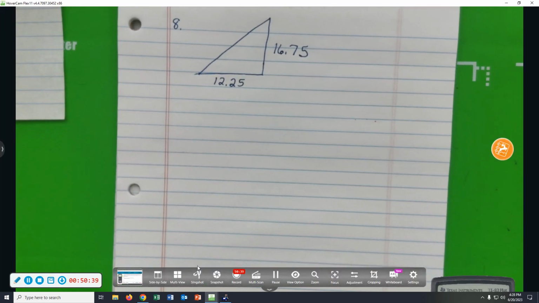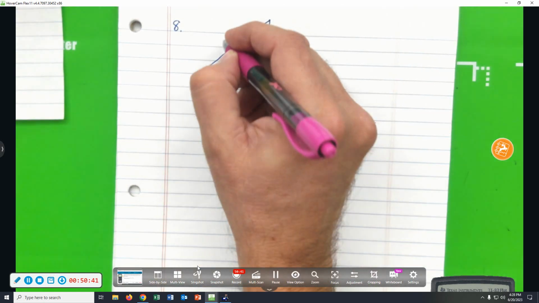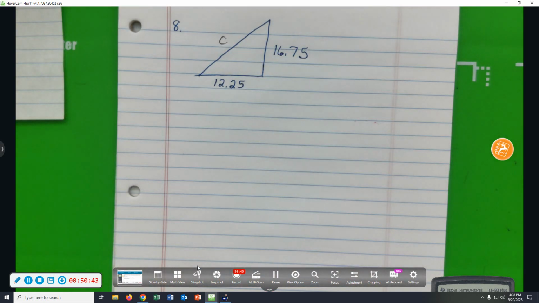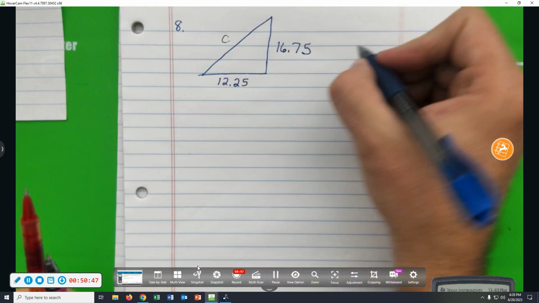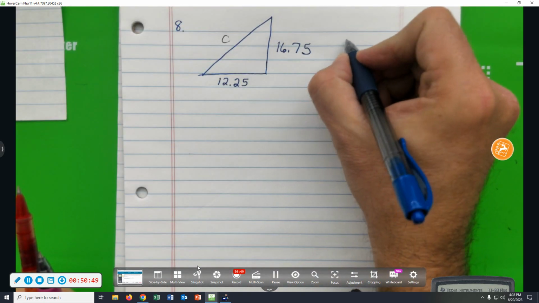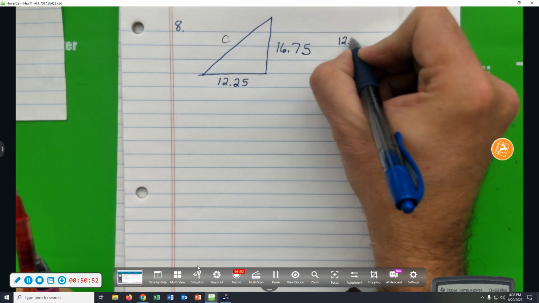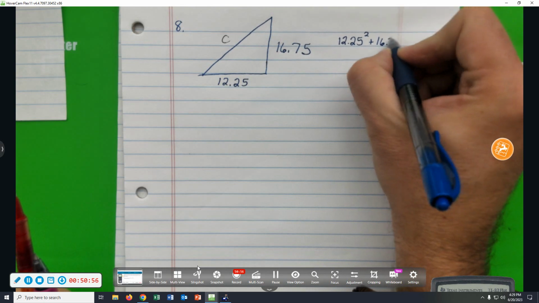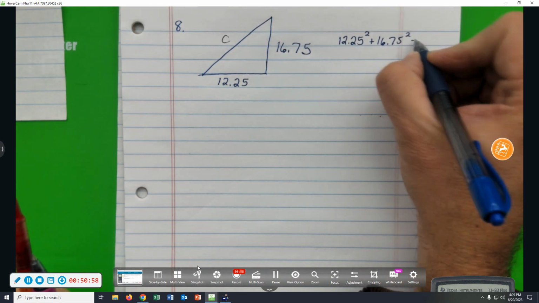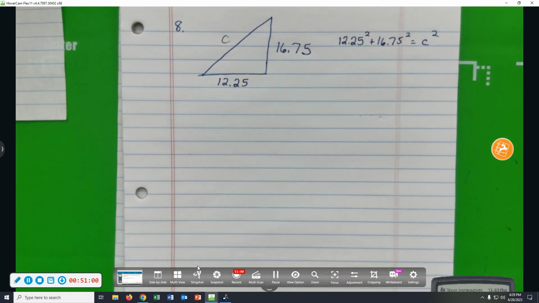We've got to figure out c. Let's find c. So a squared plus b squared equals c squared. So 12.25 squared plus 16.75 squared equals c squared.